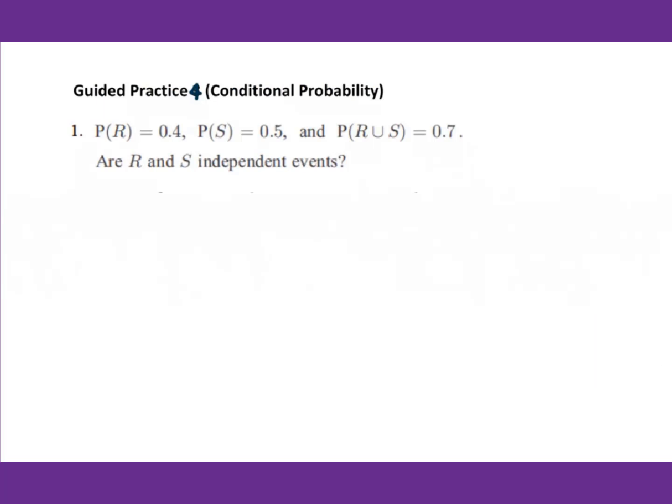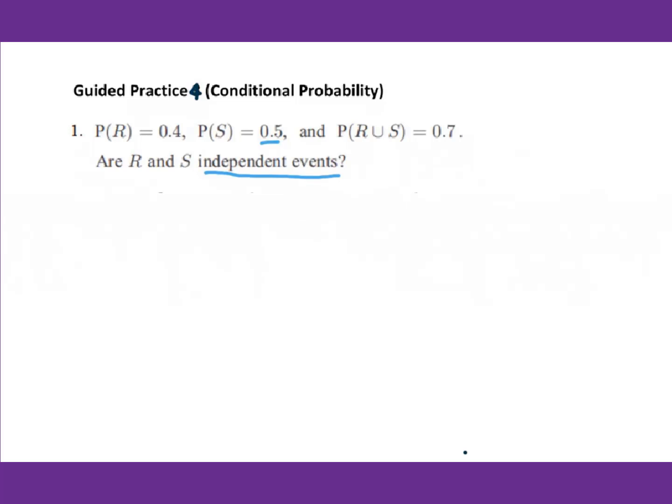Let's go to guided practice 4. For number 1, the probability of R equals 0.4, the probability of S equals this, and the probability of R or S equals 0.7. Are R and S independent events? How to decide whether R and S are independent events or not?